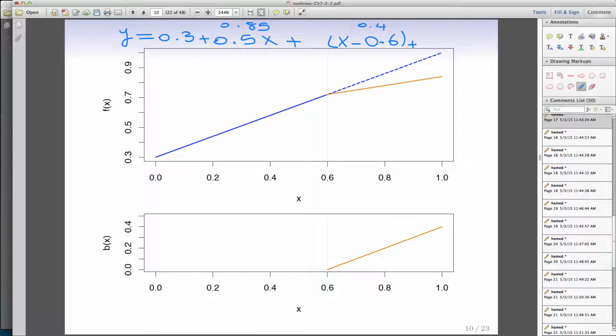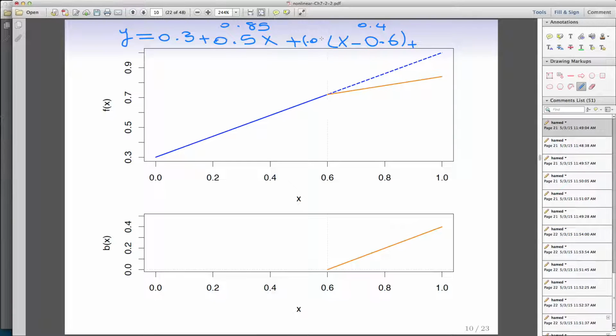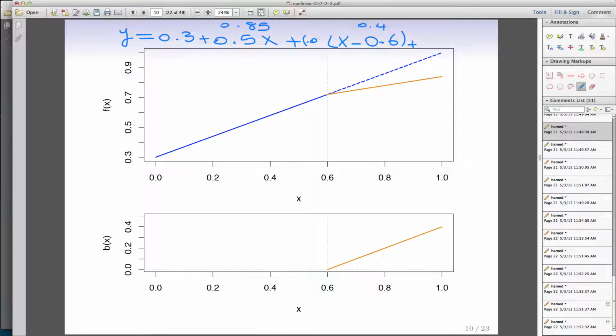If that is to happen, then it's negative 0.25, let's say, or even smaller. Okay, it's negative 0.125. So it's negative 0.125 times x minus 0.6 plus. So let's see what this function does. So first of all, this is beta 0.